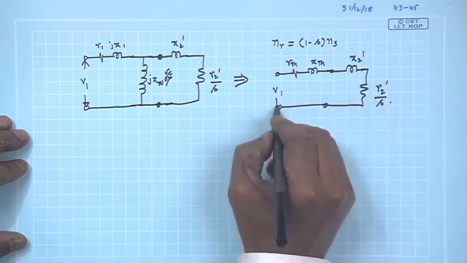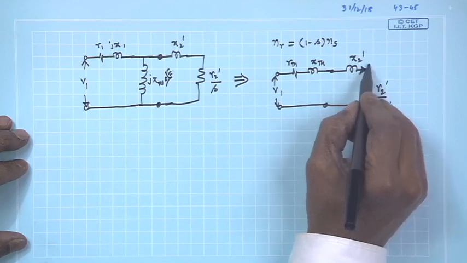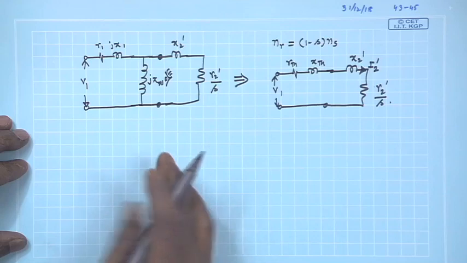Okay. And this current is, suppose, I2 dashed.